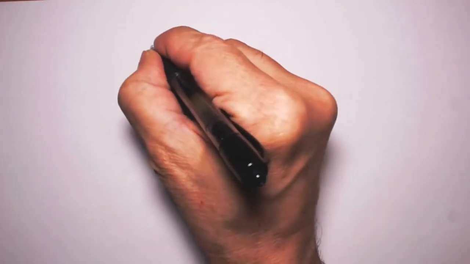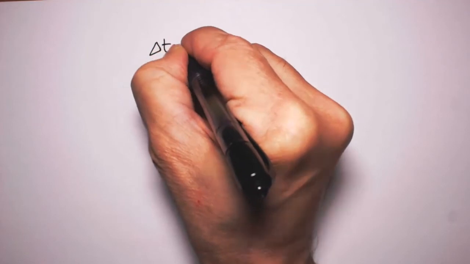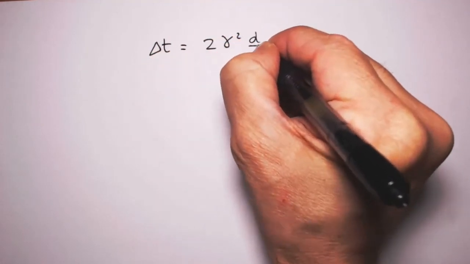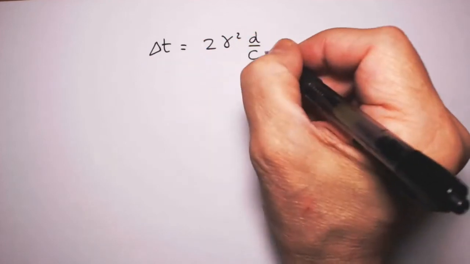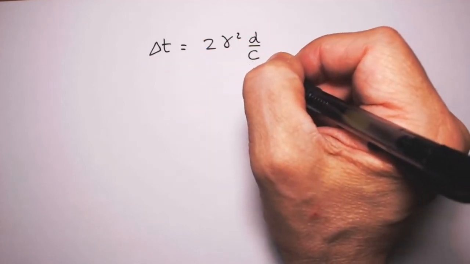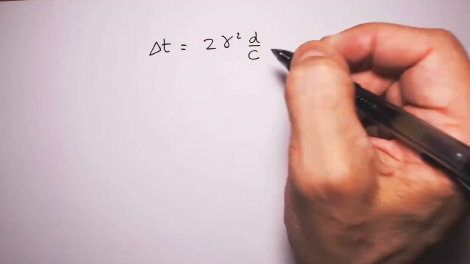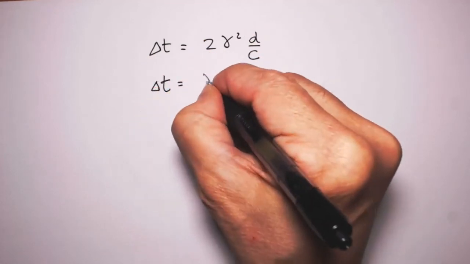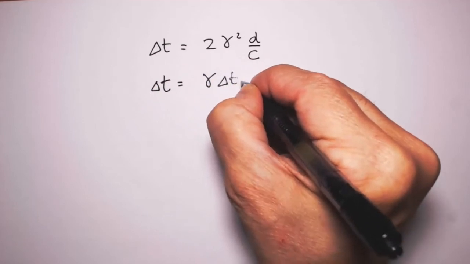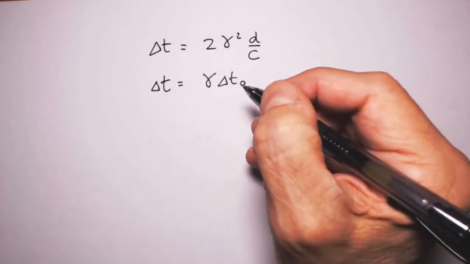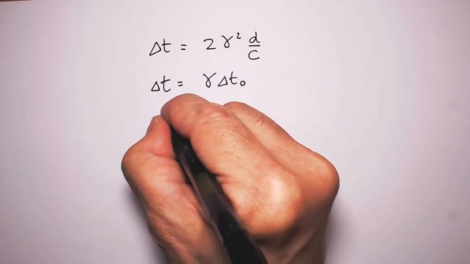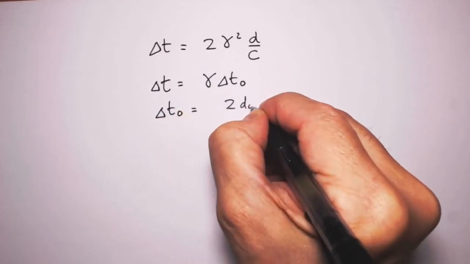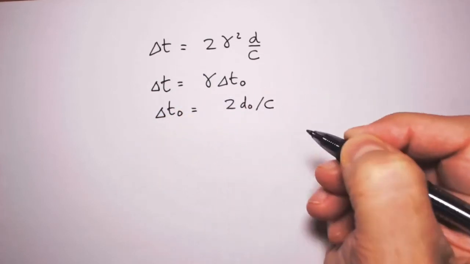So continuing, we have delta t is equal to 2 gamma squared d upon c that we've just established by looking at how light signals travel for the light clock. We know previously that there's time dilation, delta t equals gamma delta t naught. And we know from looking at the light clock at rest that delta t naught is equal to 2 d naught divided by c.